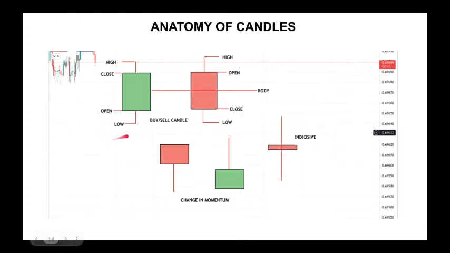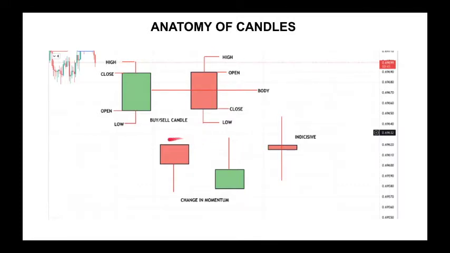So the lowest price it got to is considered the low of the candle, and the highest price it got to is considered the high. The middle of the candle is considered the body of the candle. The reverse is the case for a sell candle or a bearish candle. The bearish candle opens at the top and it closes at the bottom. So it also has high points and low points.